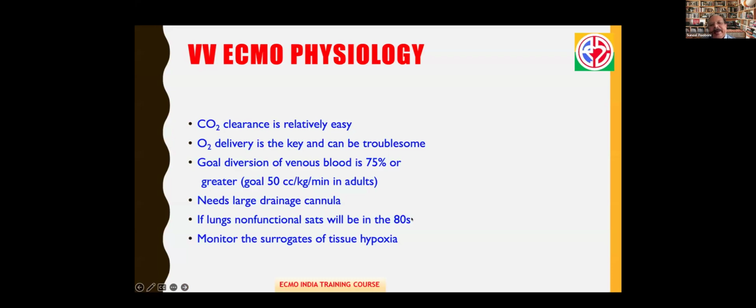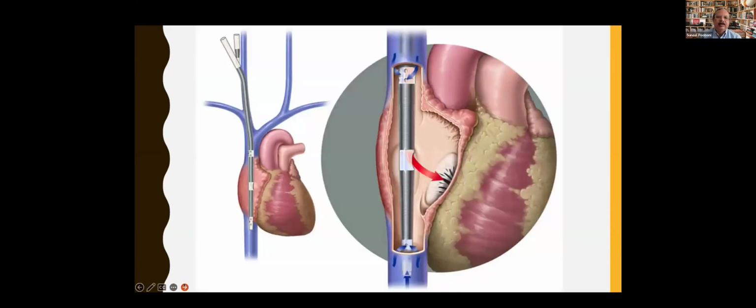Still, if the lactate as a tissue perfusion marker is acceptable, these numbers are also acceptable. So that is not a failure of ECMO. The patient can still survive despite the saturation being in the 80s in venovenous ECMO, provided the lactate is normal. Monitor the surrogates of tissue hypoxia, as I said, like lactate.